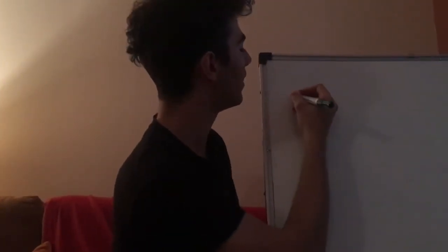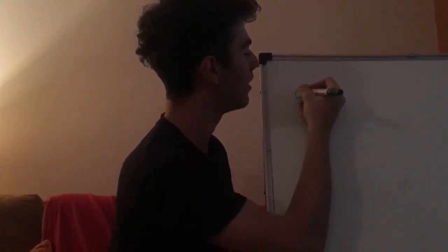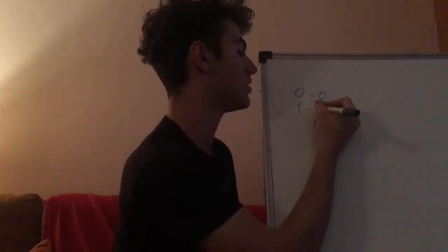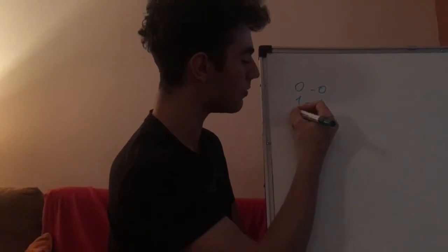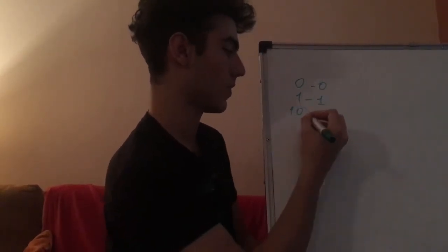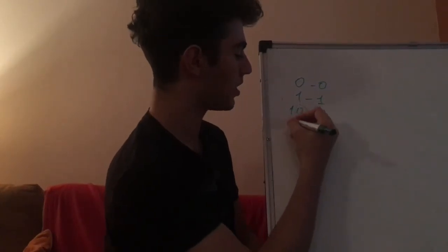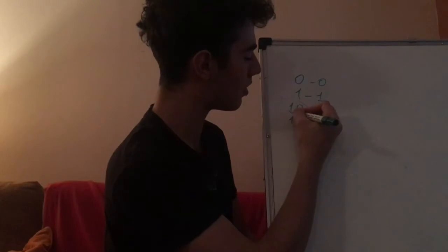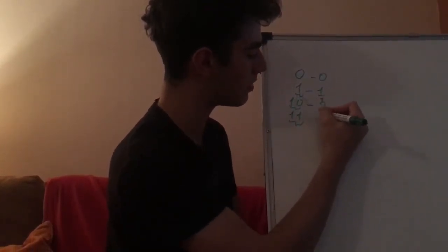So, the ancestors of computer science have decided that 0 is 0. 1 is 1. Then what else? We can combine 1 with 0, and this will mean 2. We go on with 1 and 1, so 1, 0 plus 1, and we get a 3.